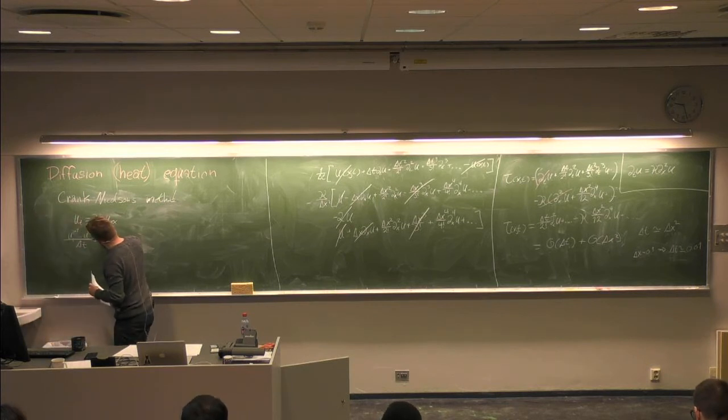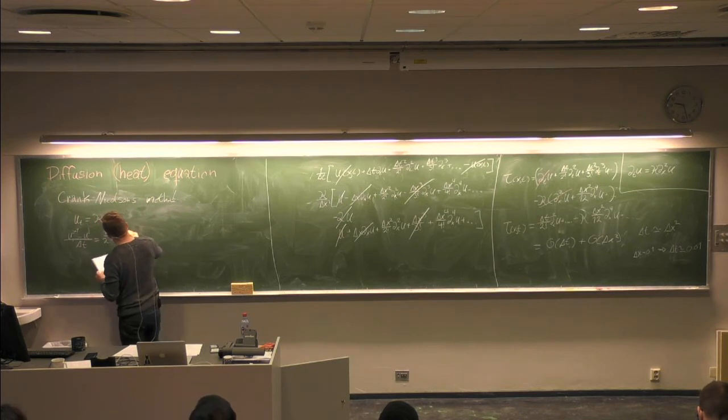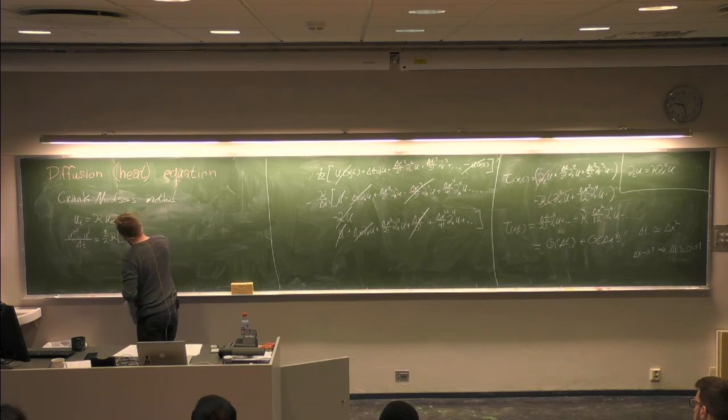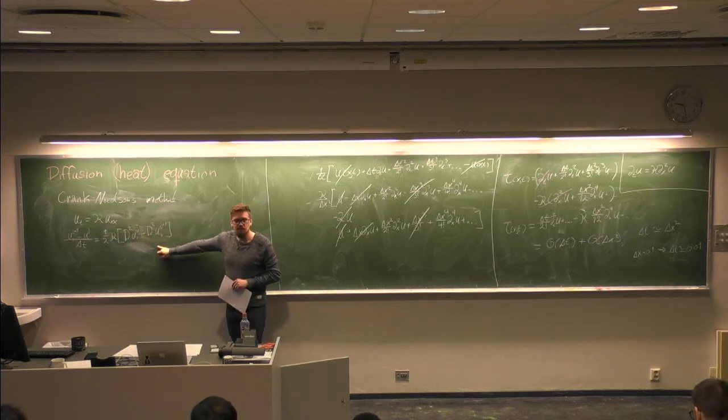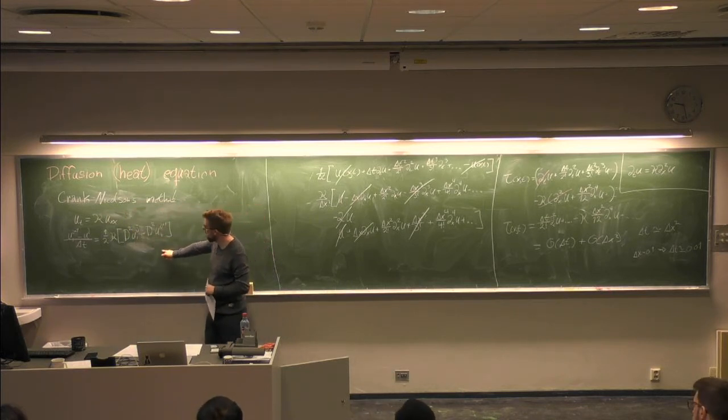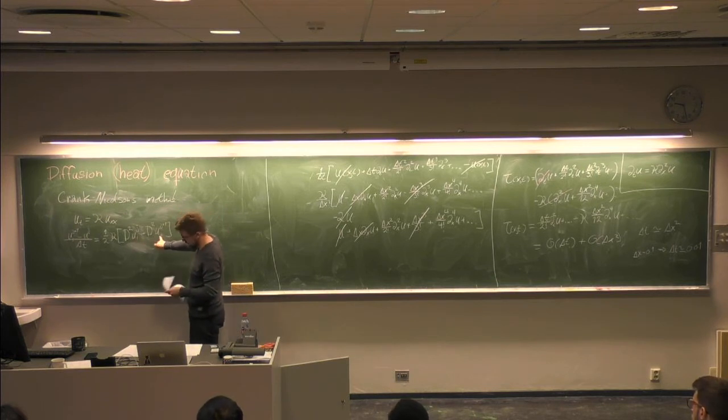So then you will have 1/2 kappa of d2 u_ij plus d2 u_i j plus 1. So this basically means that you average over 2 time steps. So one where you add and the next one.